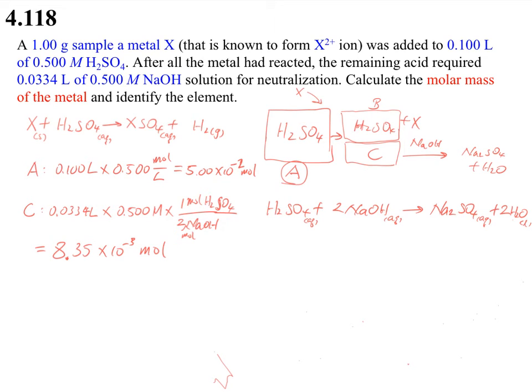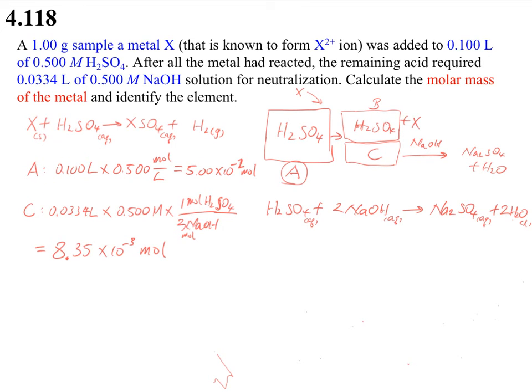Now, we need to figure out how many moles of sulfuric acid reacted with X. That is actually, we subtract the mole number of sulfuric acid in part C, which remained after reactions, from the total mole number of sulfuric acid at the beginning, part A. So here we are.